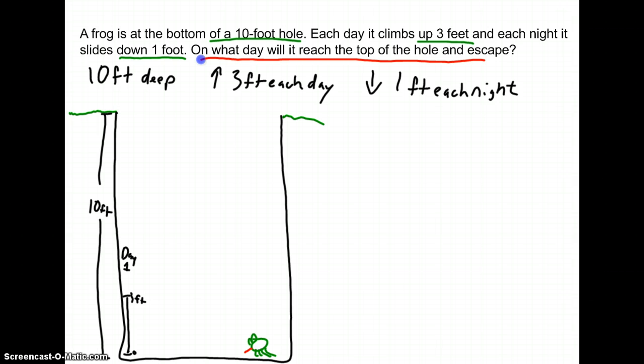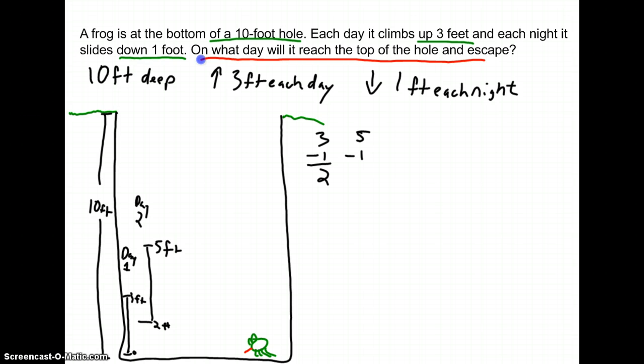But then for day 2, we're going to do 3 minus 1 to start at 2 feet. So for day 2, we're going to be starting at 2 feet. And then we go up 3 feet to make it 5 feet. So at the end of day 2, we are 5 feet up the hole.